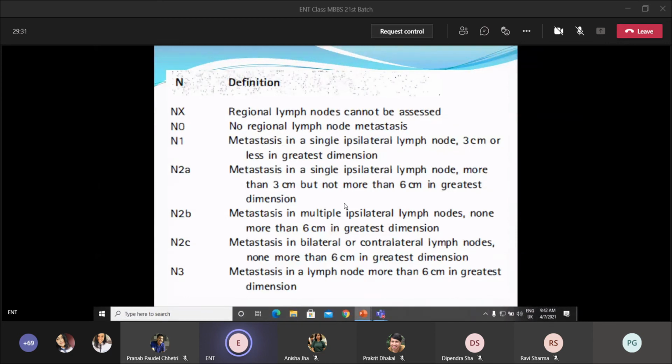In 2A, single ipsilateral lymph node, more than 3 cm but less than 6 cm. In 2B, multiple ipsilateral lymph nodes, none more than 6 cm. In 2C, contralateral or bilateral lymph node involvement, none more than 6 cm. And in N3, metastasis in a lymph node which is more than 6 cm in greatest dimension.